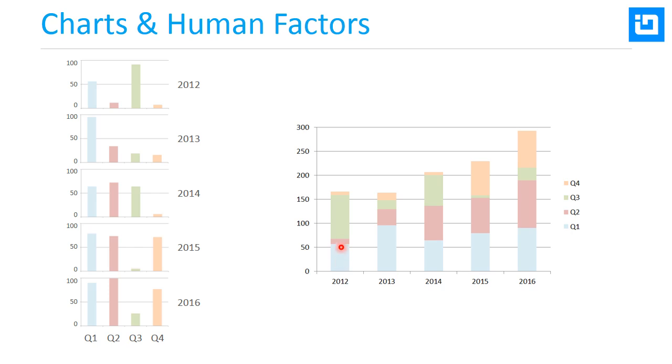So here Q1 plus Q2 plus Q3 plus Q4 is about 170. That I don't see easily here on the panel chart, for example. But here I just get this very naturally. It's very easy to rate the value here by just looking at the height of it.